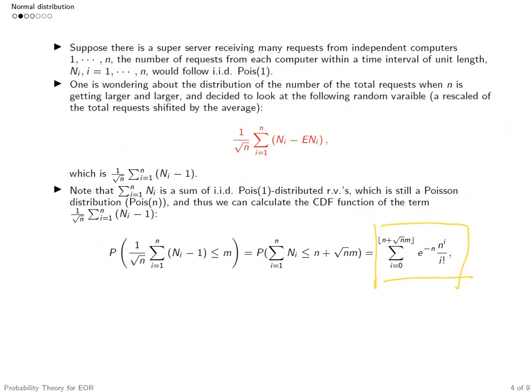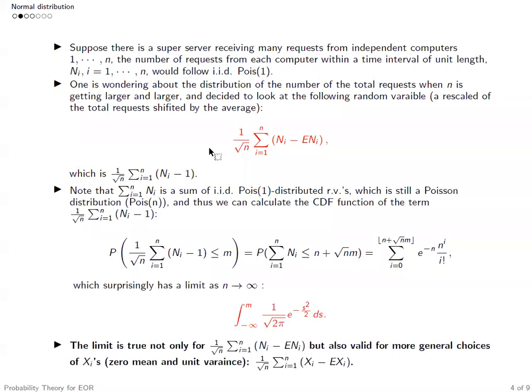When n is large enough, this probability value can be approximated very nicely by this Riemann integral, with this function as the integrand.